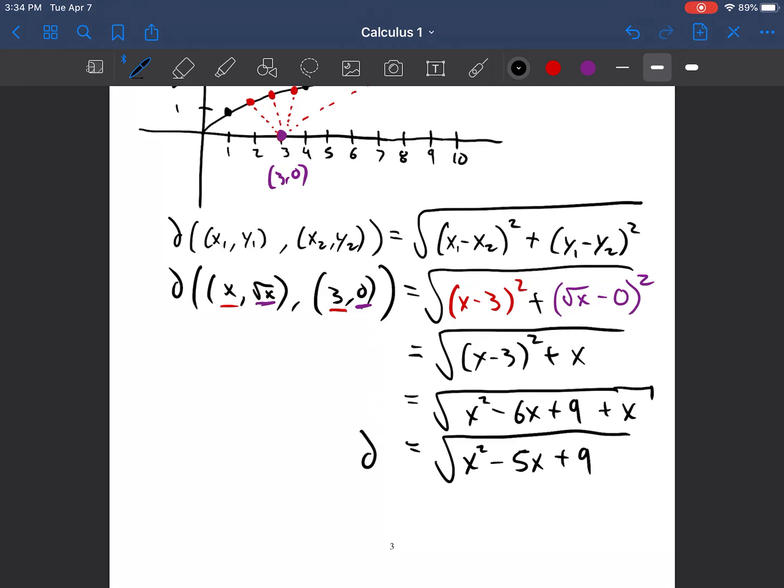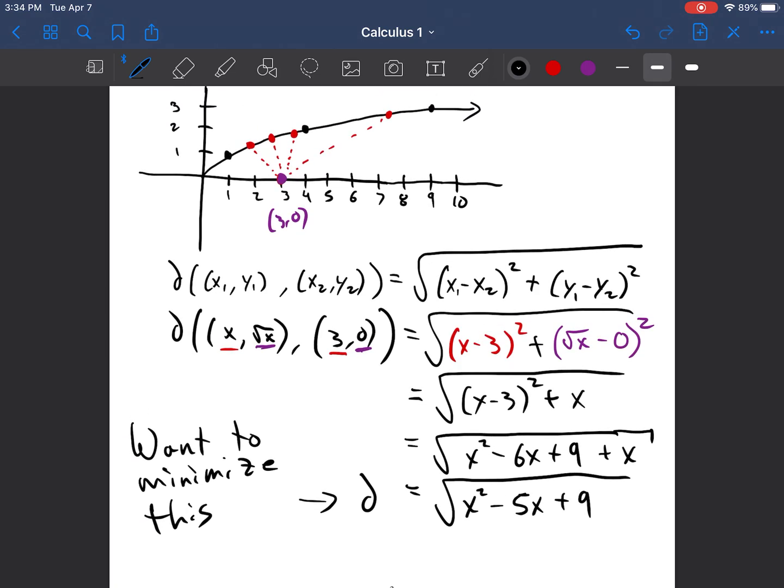Okay? So this is the equation, this distance, right? So maybe I'll just write d for distance. So this distance is what we want to minimize, right? Because what we're looking for is the point on the graph of this function that is closest to this point, right?